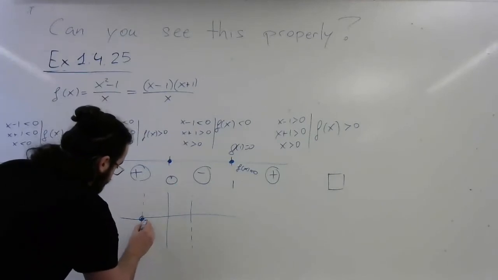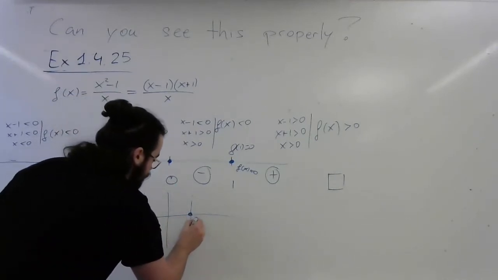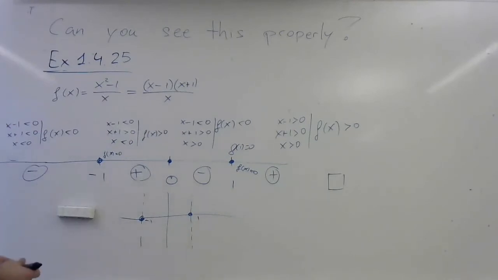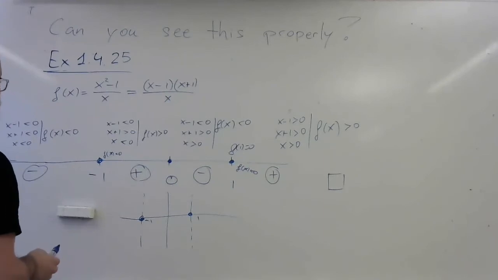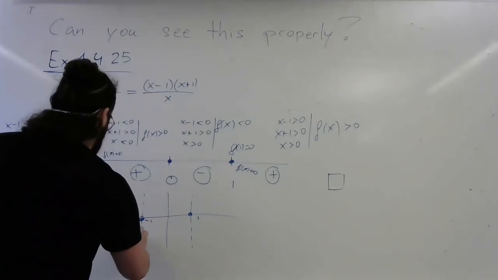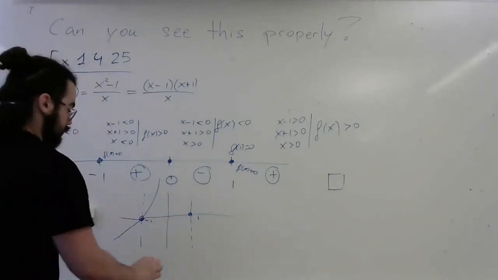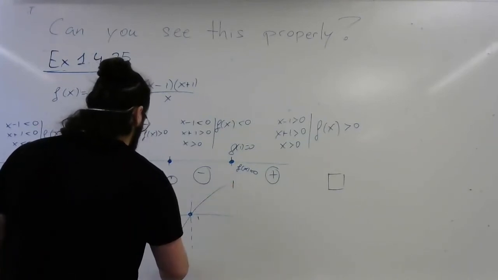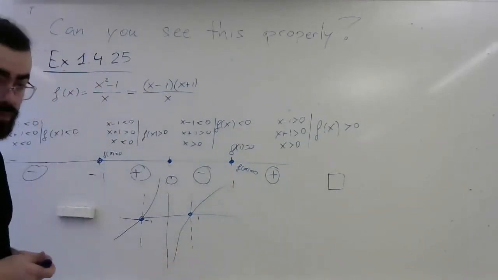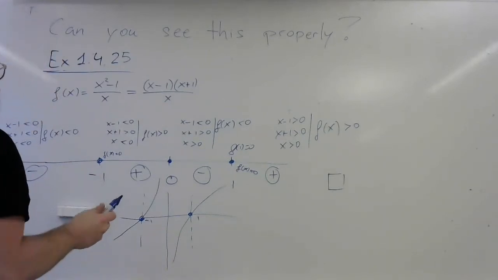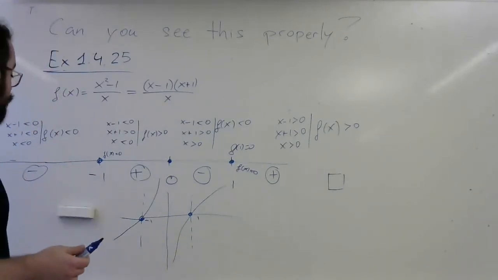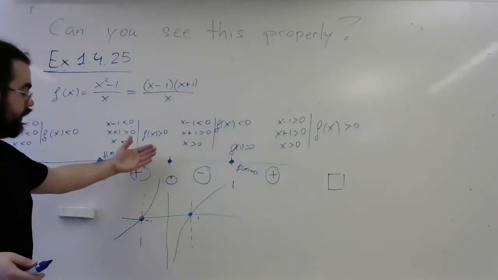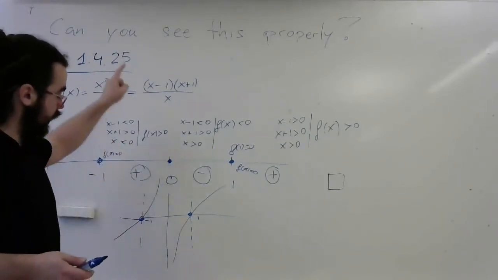But this is x equal -1, this is x equal 1. And so the function does something like this. Maybe it's not exactly like that, but more or less that form. It starts negative at -1, it crosses the line, it comes as positive as it can.